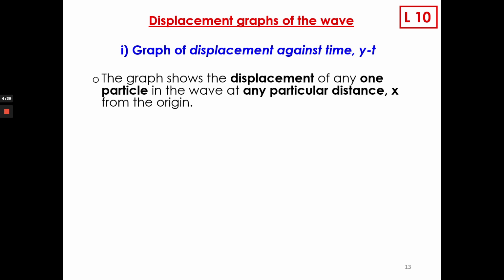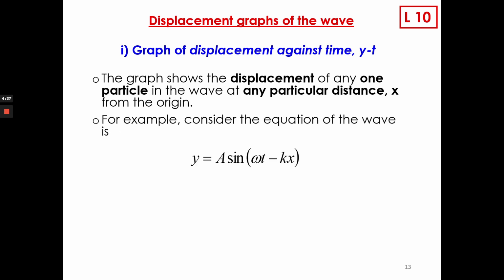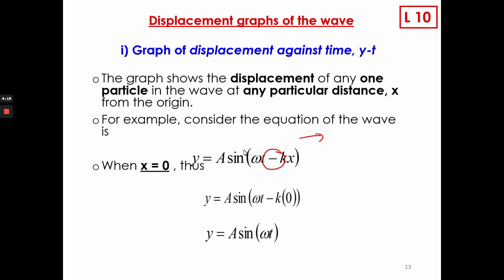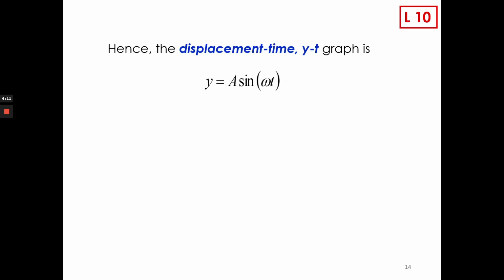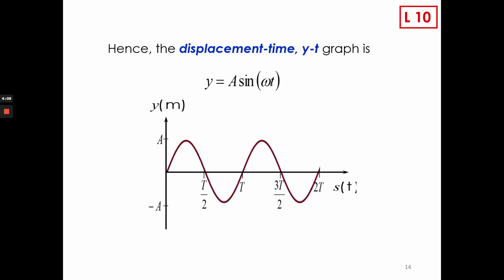The first graph shows the displacement of any one particle at a particular distance. For example, consider the wave equation y = A sin(ωt − kx), minus because the wave is traveling to the right. When x equals 0, the kx term gives 0, so the equation of the wave will be y = A sin ωt. How to plot?